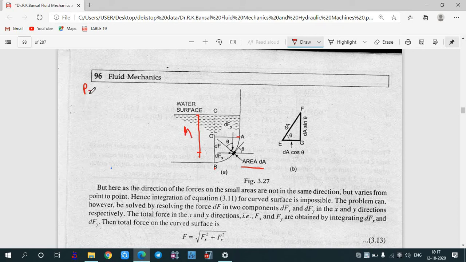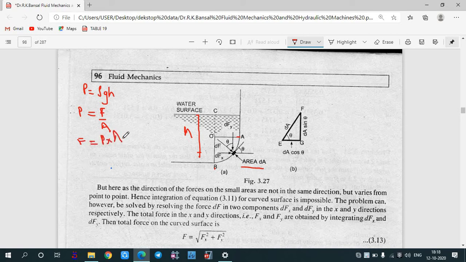We know that if a certain element inside the water is at a height h, we can calculate the pressure, that is rho g h. So this is the value for pressure. Now we know that pressure is force upon area, so from here we can evaluate that the force is pressure into area.